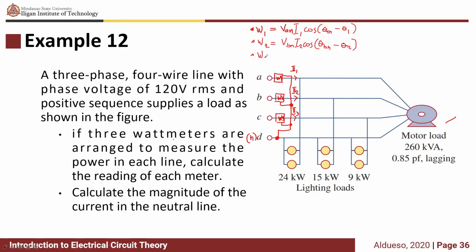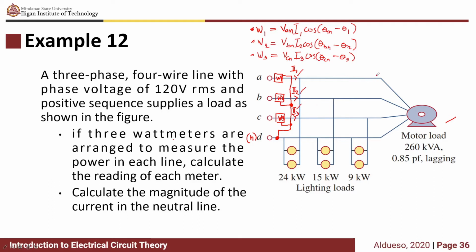Now for wattmeter 3, we have VCN, I3, cosine of theta of VCN minus theta of I3. So we need to get the values of I1, I2, then I3. So how do we get the currents I1, I2, and I3?